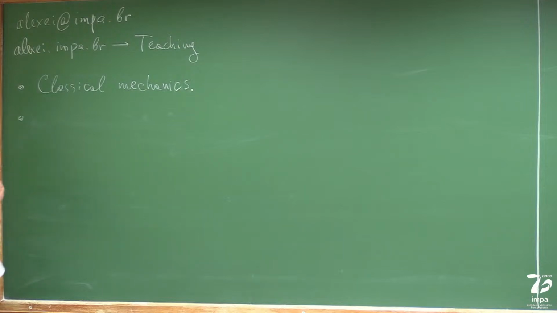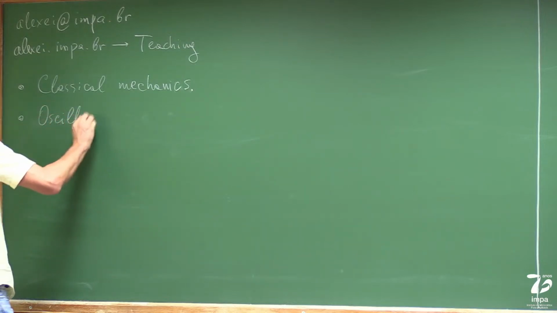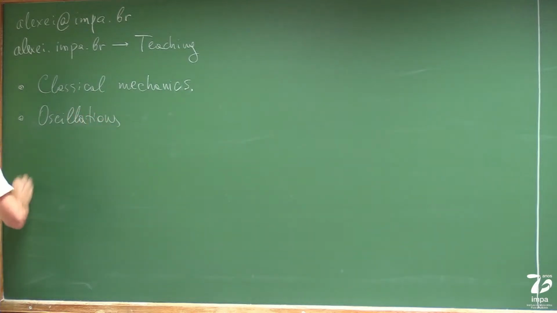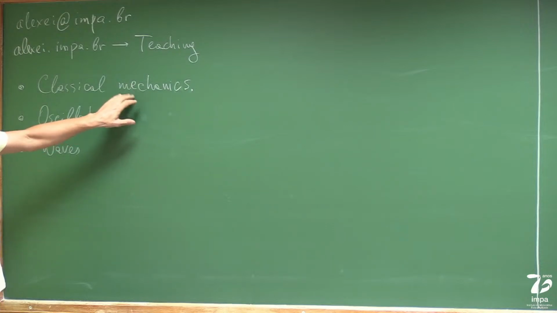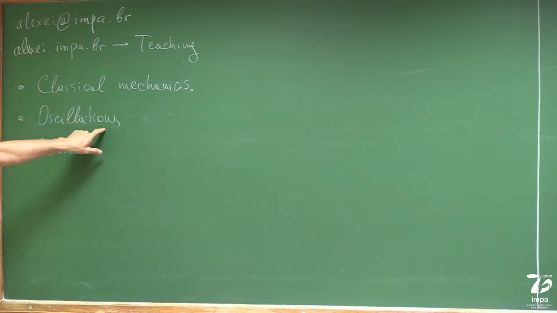Then we will have a large part on oscillations. And finally, waves. You will find here PDFs with the typed notes for classical mechanics and for the second half of the oscillations.